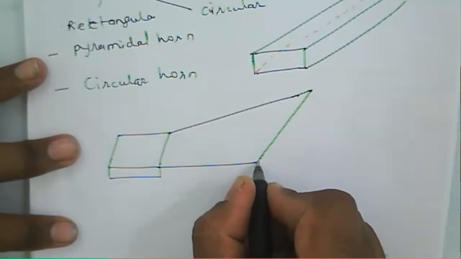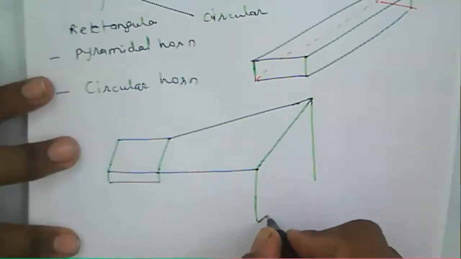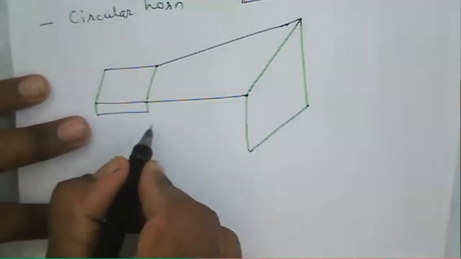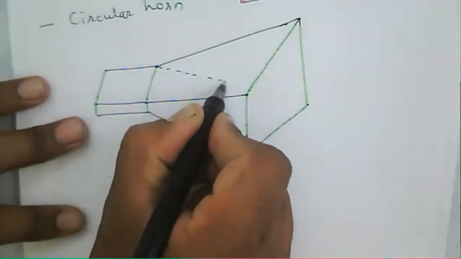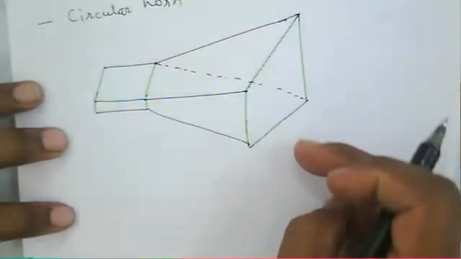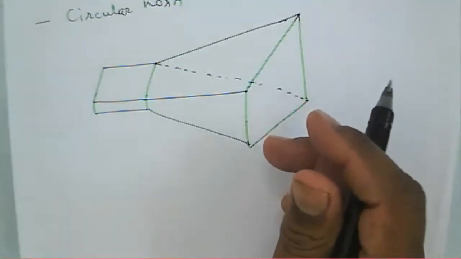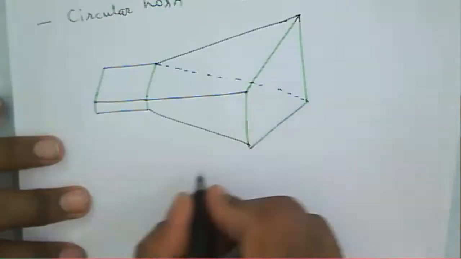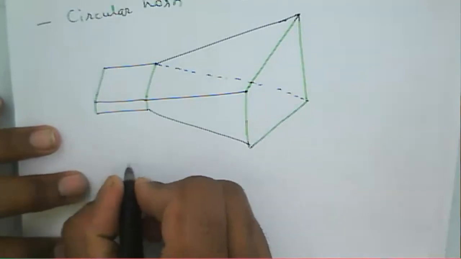So likewise, we have the rectangular shape of the horn antenna. Now this is nothing but a rectangular horn antenna, that is a pyramidal shape. This one is larger now, but it is a rectangular shape. That is called a pyramidal horn antenna.